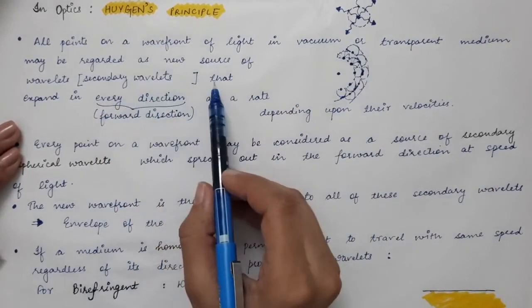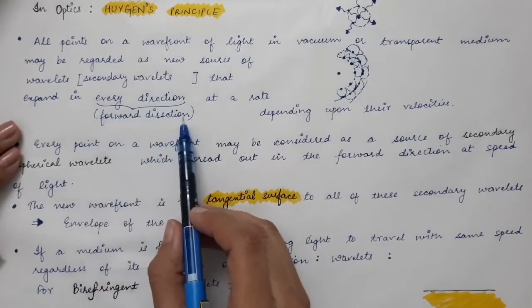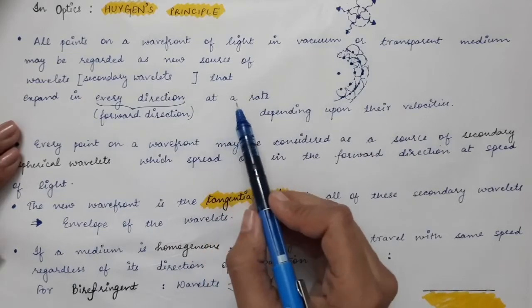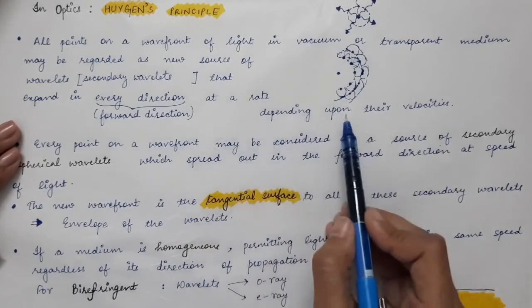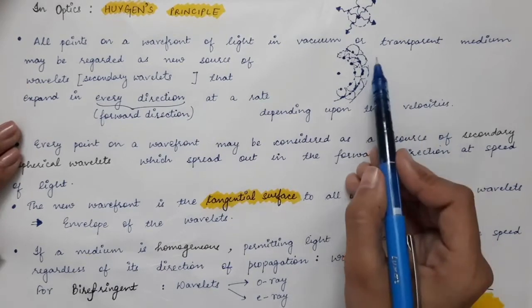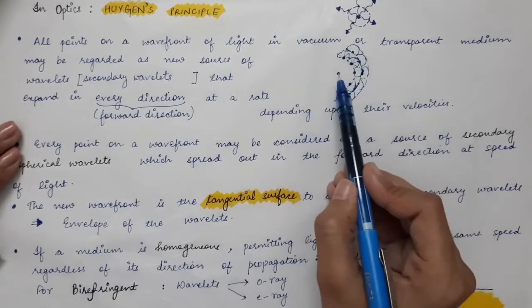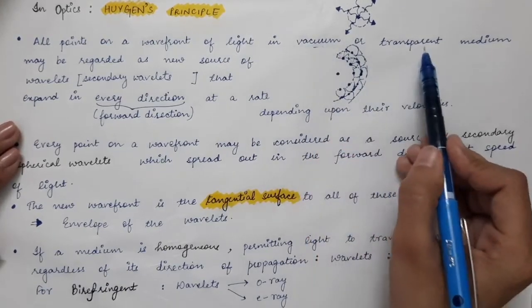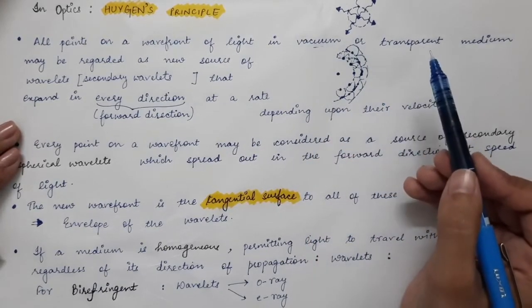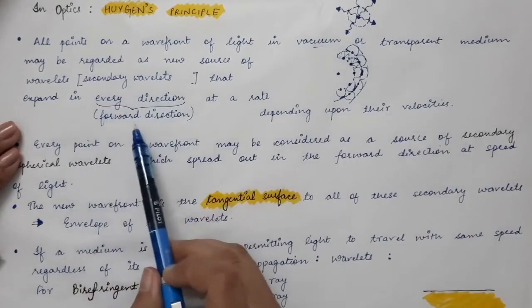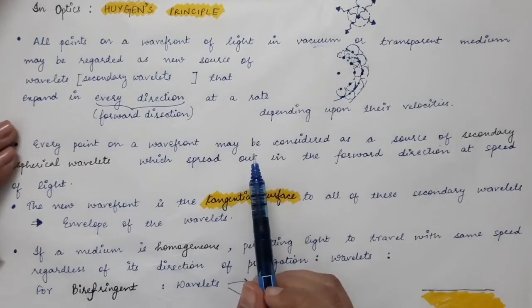And these secondary wavelets expand in the forward direction at a rate depending upon their velocities. So according to the velocity of the light in the medium, if this point source is kept in a particular medium, it can be vacuum or any transparent medium, these secondary wavelets will expand in the forward direction.